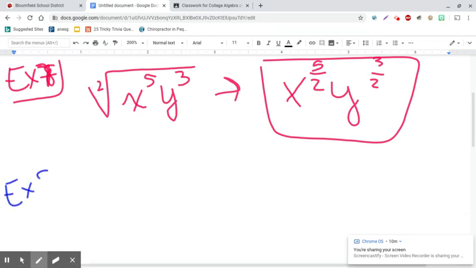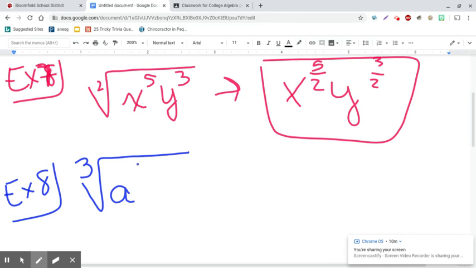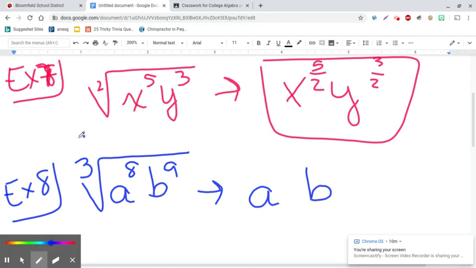Let's go with example 8 now. Let's do the cubed root of A to the 8, B to the 9. Okay. So we're going to have an A, and we're going to have a B. Both of them have an index of 3. So both of them are going to have a denominator of 3. But A is being raised to what power? 8.